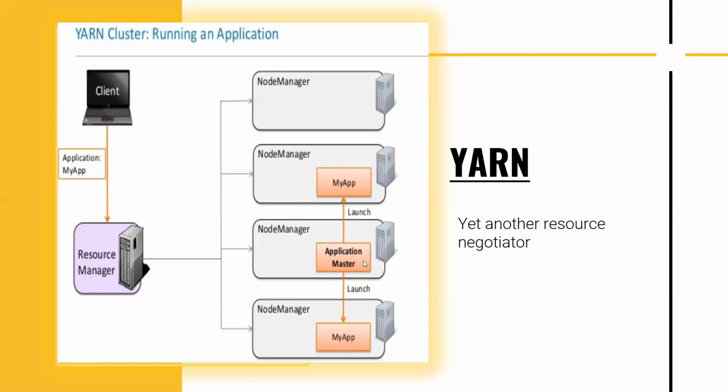This is again facilitated by the name node. Name node is a process which knows where data is residing in our data nodes. So the application master is talking with the name node, and he knows where data is stored.